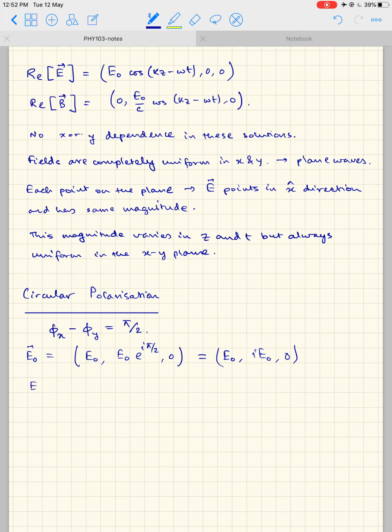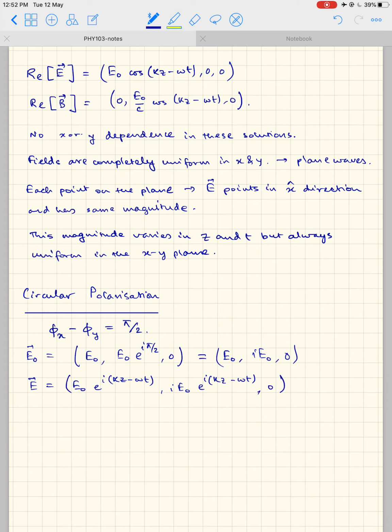So this electric vector is E naught e to the i(kz minus omega t), i E naught e to the i(kz minus omega t), and 0.